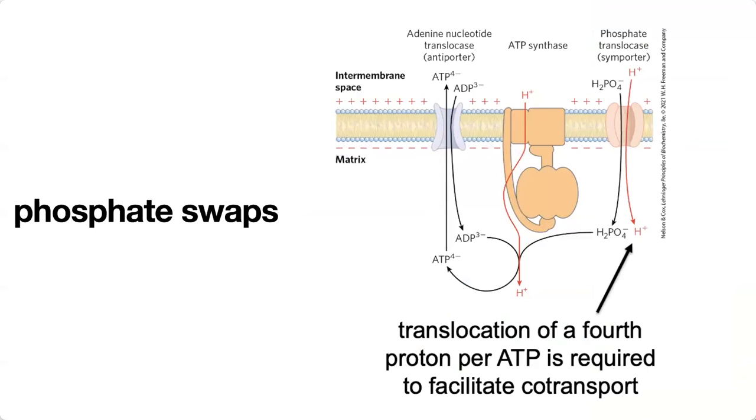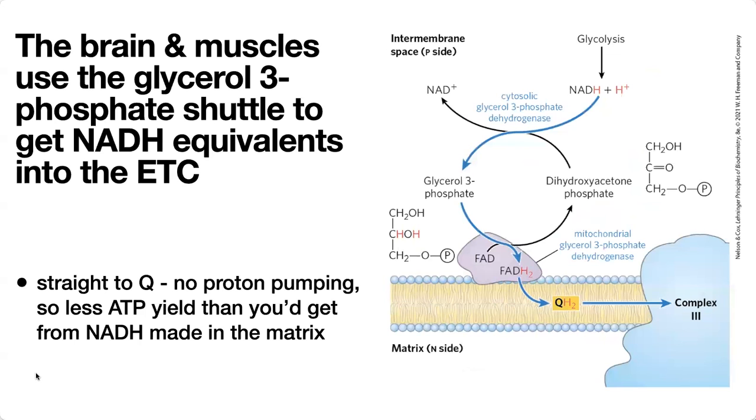So we say that there's about 4 protons per ATP. And so if we have 6 protons being pumped out, this glycerol 3-phosphate shuttle is going to make about 1.5 ATP equivalents per NADH that we had out in the cytosol.